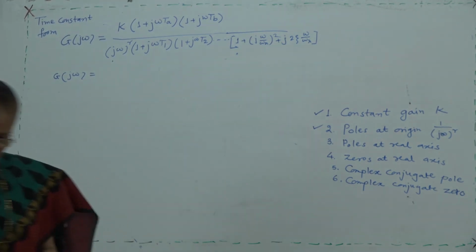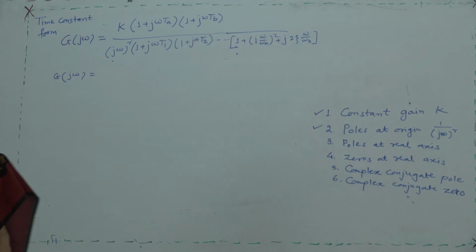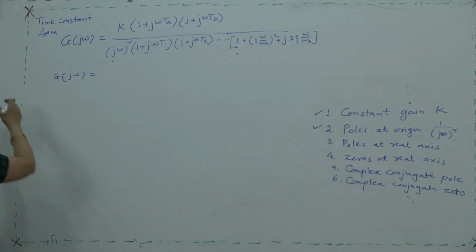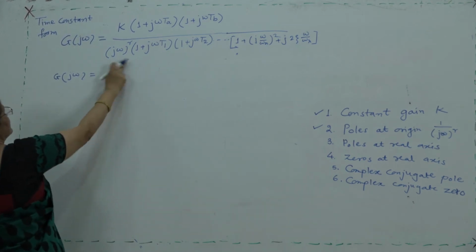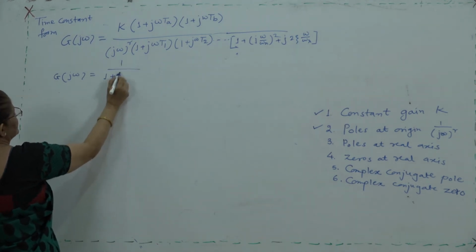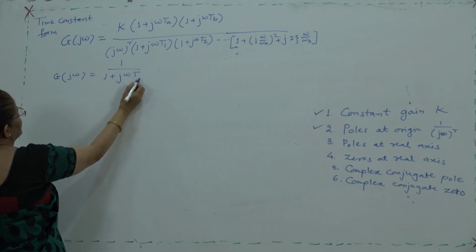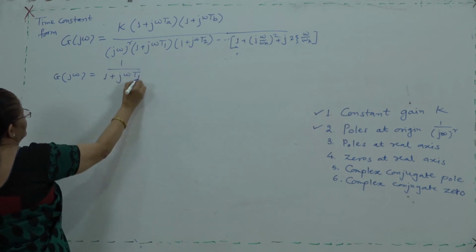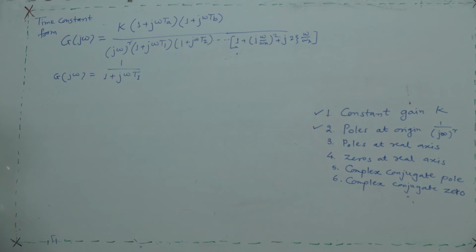Okay. So, the third thing which we are considering is poles at real axis. So, what will be the g j omega at that time? 1 upon 1 plus j omega t, or consider t 1. Yesterday we have seen it.